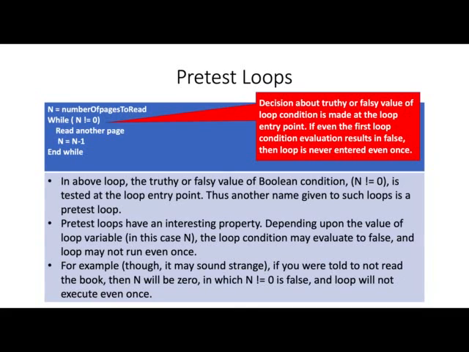Just remember that, because one classification criterion of loops is that all loops fall into one category or the other. They're either a pretest loop because testing is done at the entry point, or they're a post-test loop because testing of the loop condition is done at the exit point. That loop is called do while. We'll work with that later at some point.